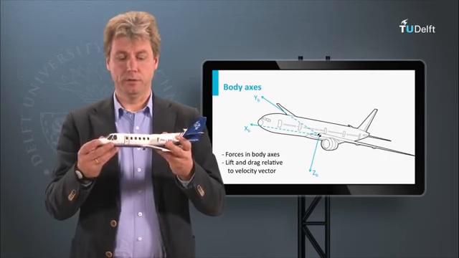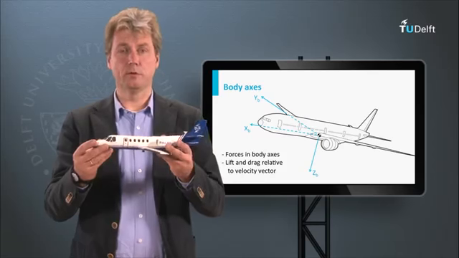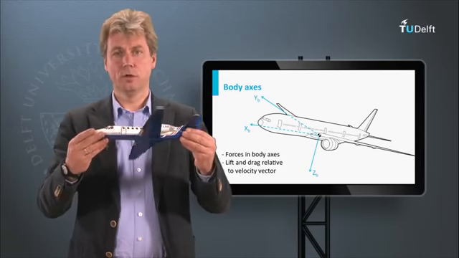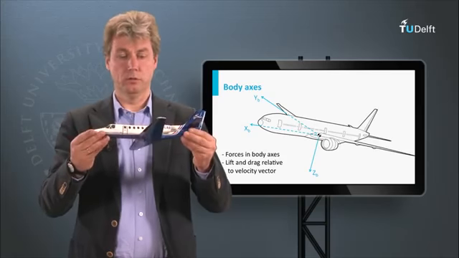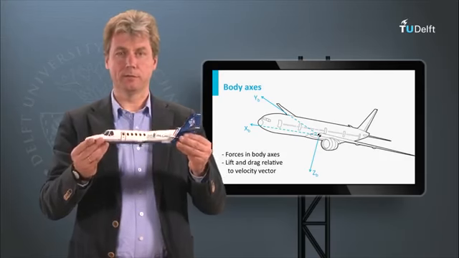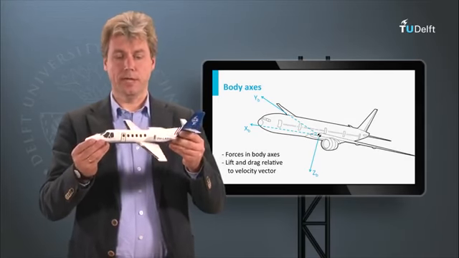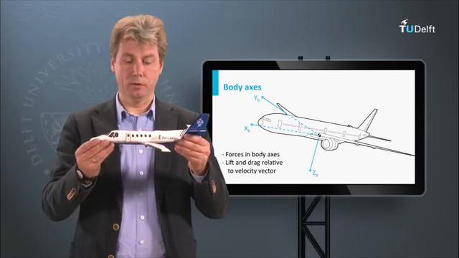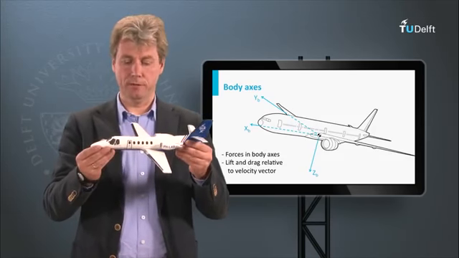We also use these axes to describe the rotations, and the rotation around the x-axis we call roll. So that's the roll angle, or bank as it is also called, to bank the aircraft. I'll usually call it the bank angle or roll angle, it varies.